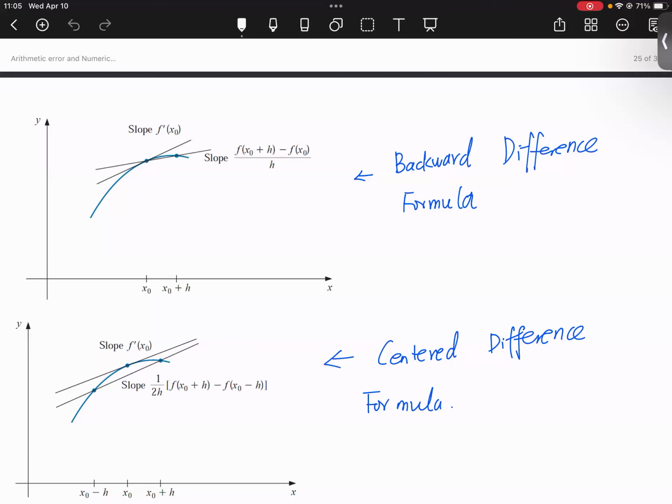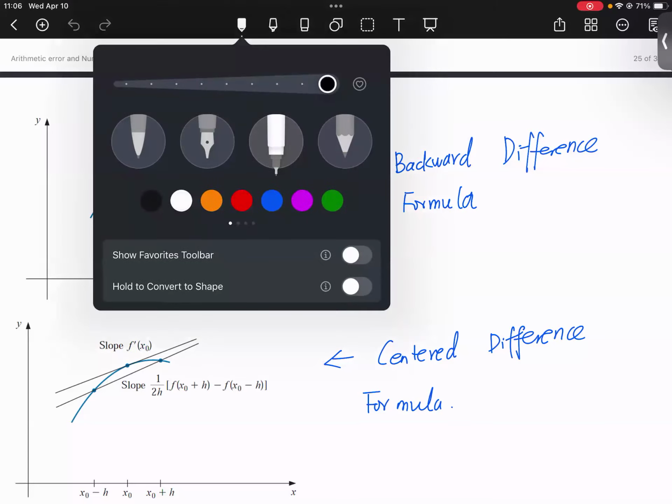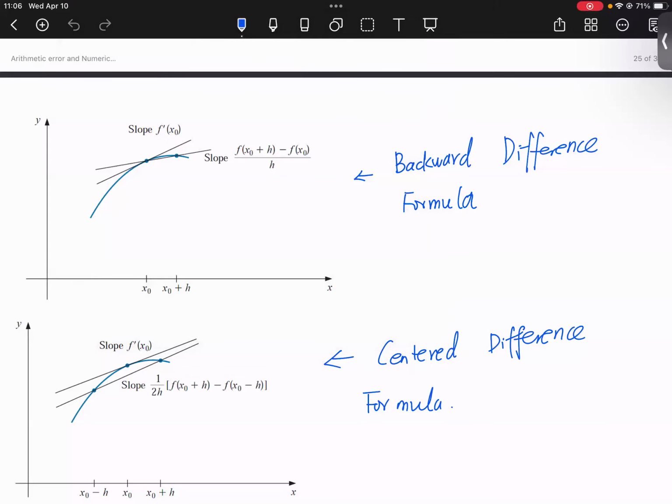Actually, the backward difference formula is quite symmetric to the forward difference formula, so I'm going to skip the forward one here. Let's see the backward difference formula, and then the error looks like this.